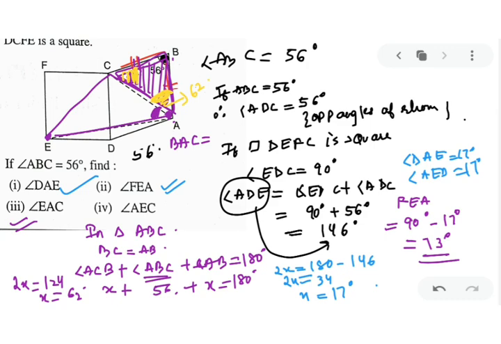But we are looking for AEC. What am I looking for? BAC I got. But I'm looking for AEC. Correct? This angle.